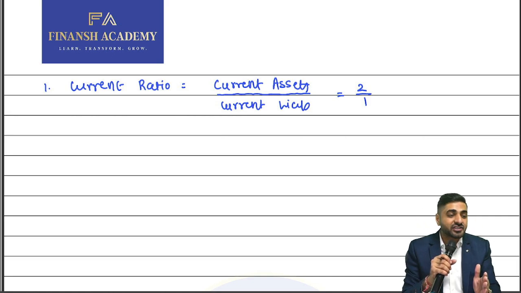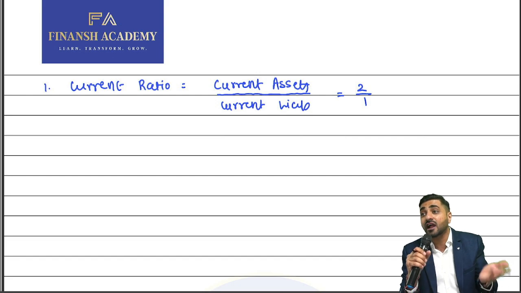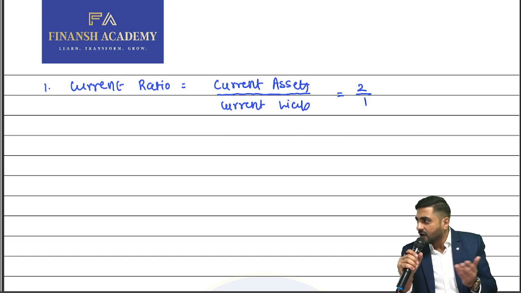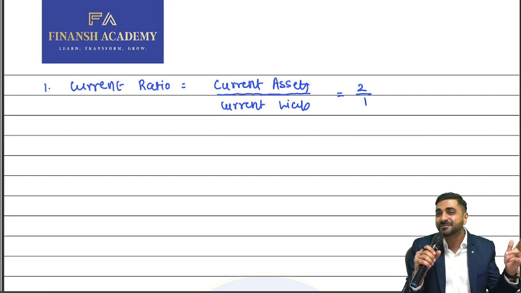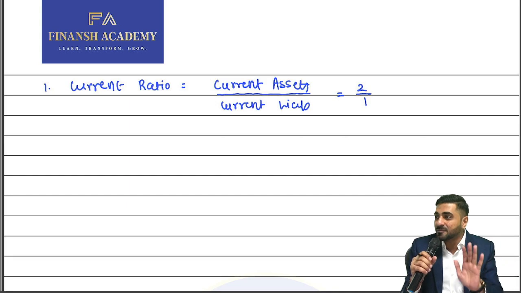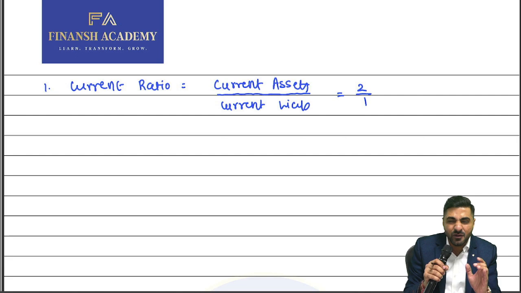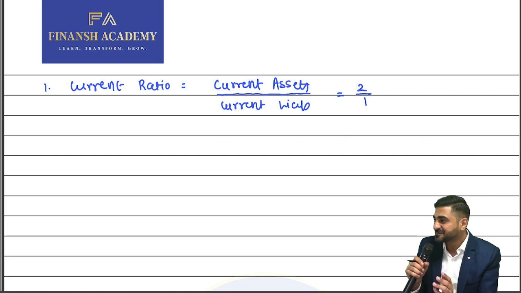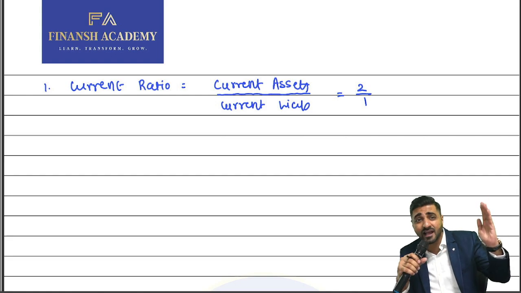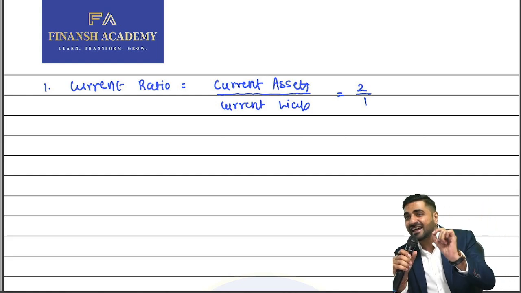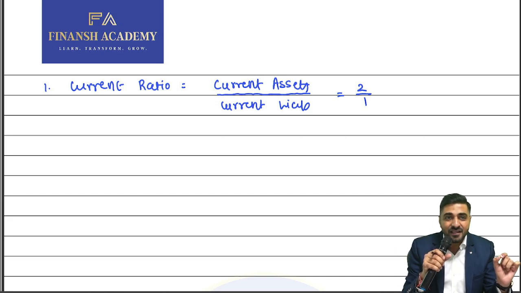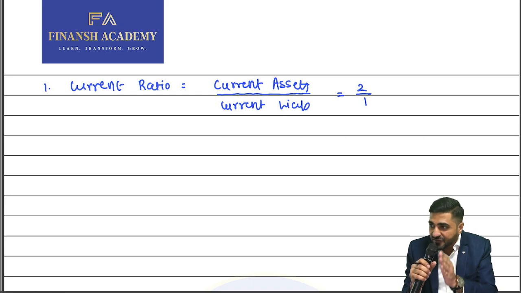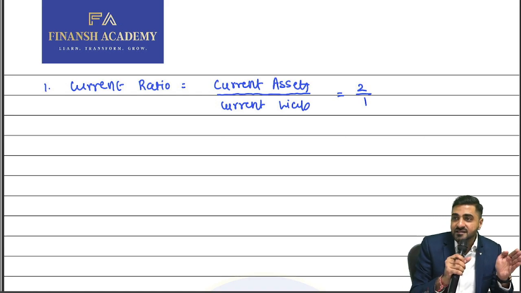Guys, in examination, for this ratio, lower the better or higher the better? Of course, higher the better, right? Because higher the current ratio, it signifies that the company is more short-term solvent. But I'll tell you one disadvantage of a current ratio. If the ratio is extremely high, then it means that the company is inefficiently utilizing its funds.